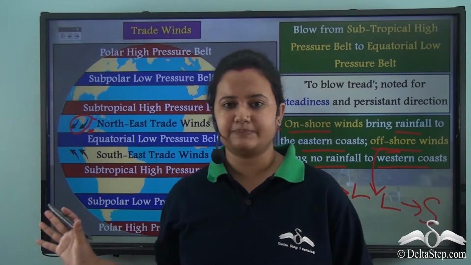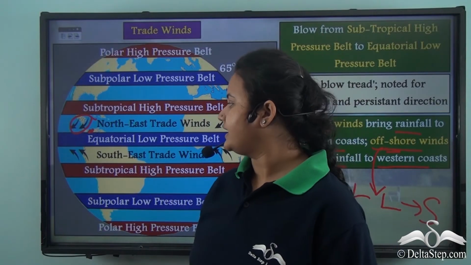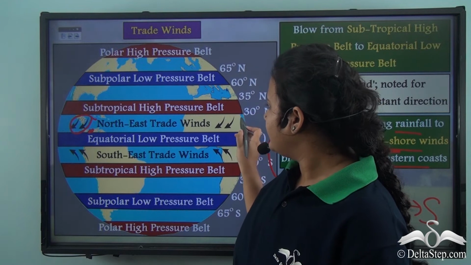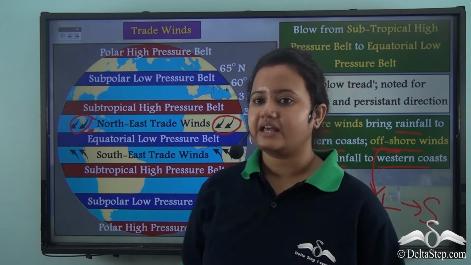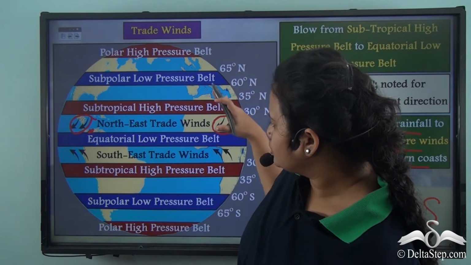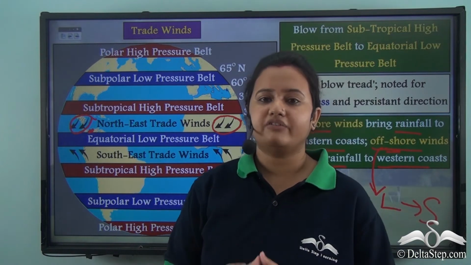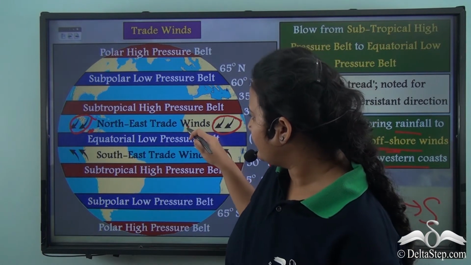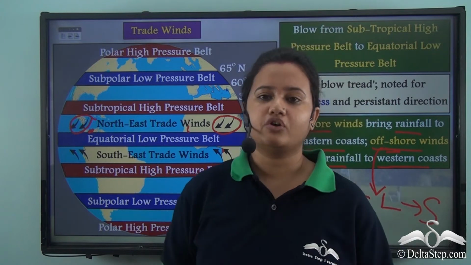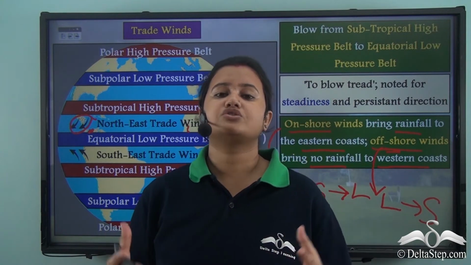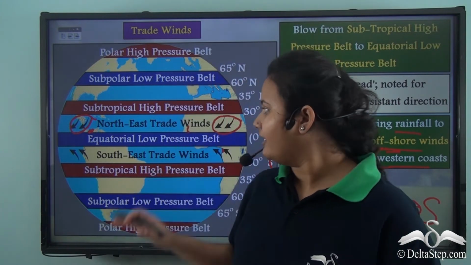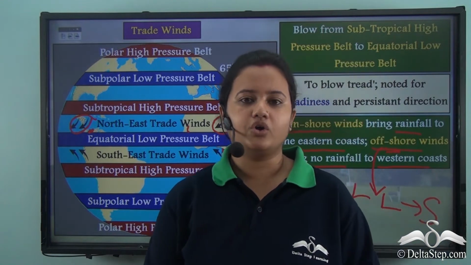Now, look at this picture. In this picture, we can see that there are some trade winds that blow from land to sea. Eventually, they will hit the western coast of the continents and they cause no rainfall to the western coast of the continents.